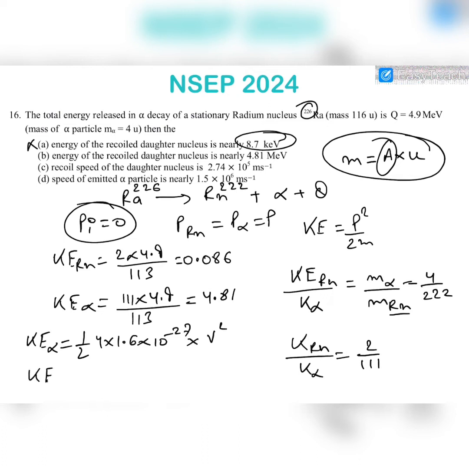And kinetic energy of radon is half into mass of radon, so we can take this mass as 222 u. U is 1.6 into 10 raised to power minus 27 into v square. So you would be getting the answer as C. You could check the answer by substituting the values. Now we move on to the next question.